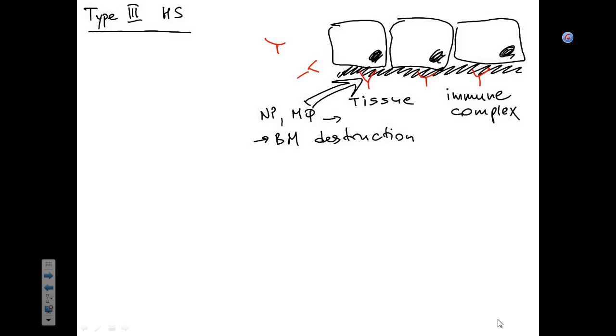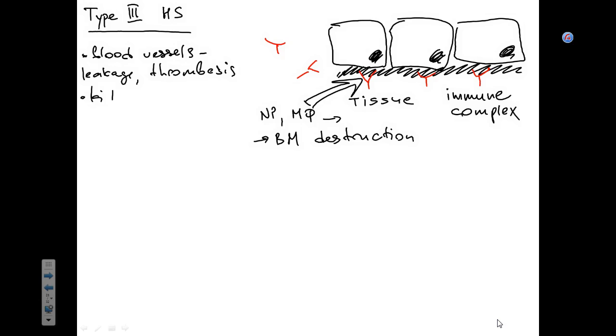For instance, in the blood vessels, what does that mean? What will happen? Plasma leakage, right? And inflammation of the blood vessel walls will lead to thrombosis. So leakage, thrombosis.